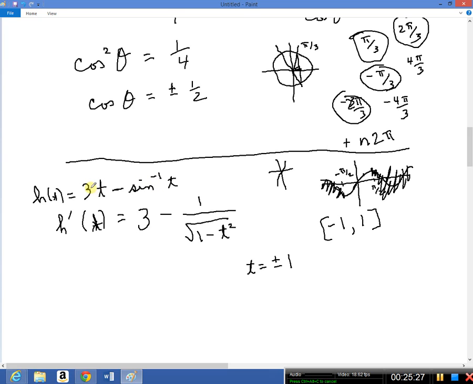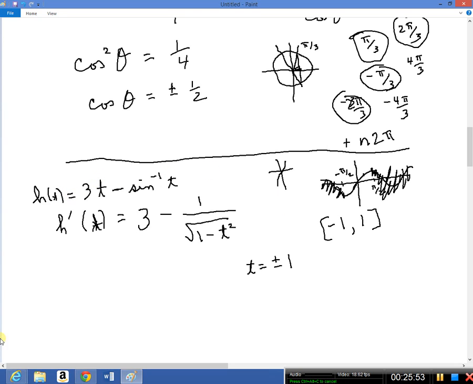And then you'd have to take 3 times -1 and tack that on, and that's the value of the function at that point. Similarly, when t equals 1, inverse sine of 1 would be the angle whose sine is 1. That would be pi over 2. So this number would then turn into pi over 2. So at both 1 and -1, we can plug those into the original function.